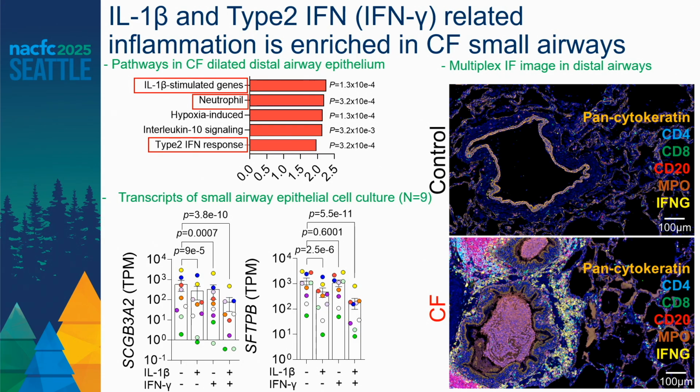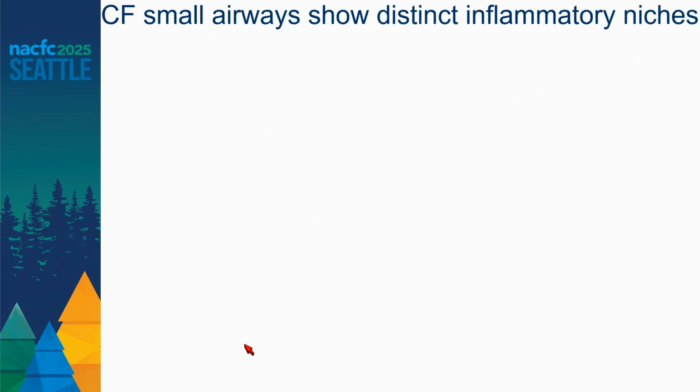After 3 days of treatment, we checked the transcript expression by bulk RNA sequencing, and as you can see, SCGB3A2 and SFTPB expression was markedly, significantly suppressed by co-stimulation compared to the single stimulation of IL-1 beta or interferon gamma. So maybe there are additive effects of both cytokine stimulations.